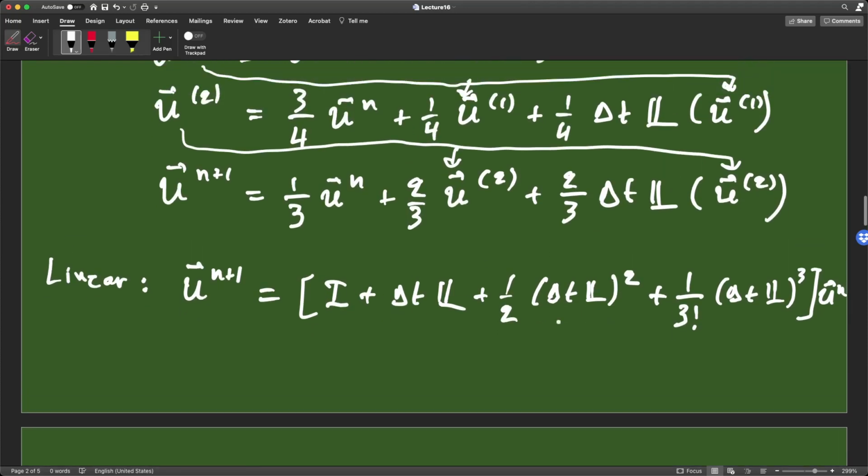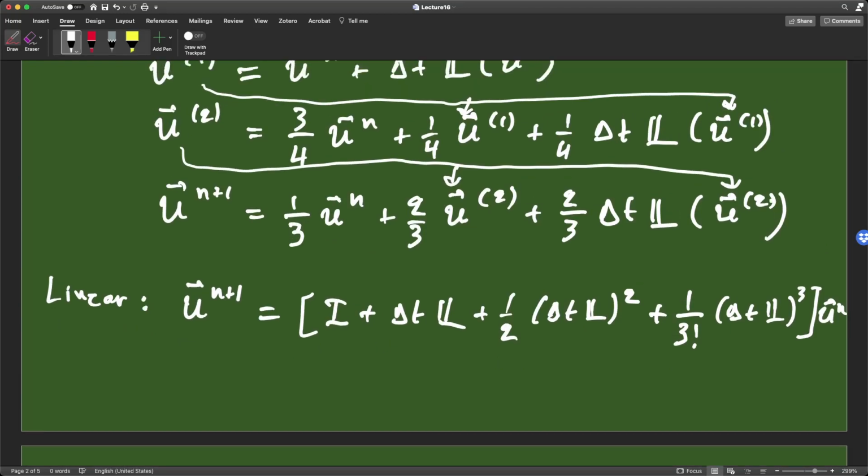Another way to see this is to consider the discrete version of the advection equation, for example, or any equation of this form, du/dt equals L times U. If L is a linear operator, then this equation upon discretization in space will have a matrix L which does not depend on U. So it's essentially a constant matrix.